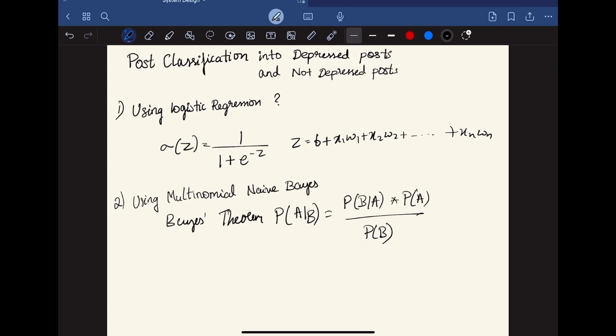The term naive suggests that all the features in the data are independent in our problem.